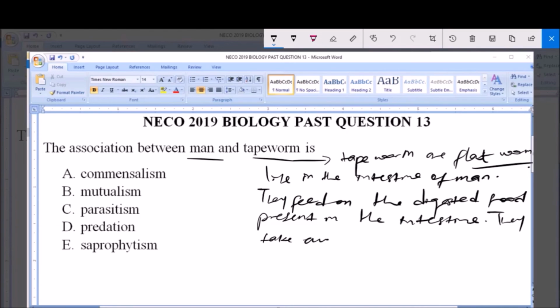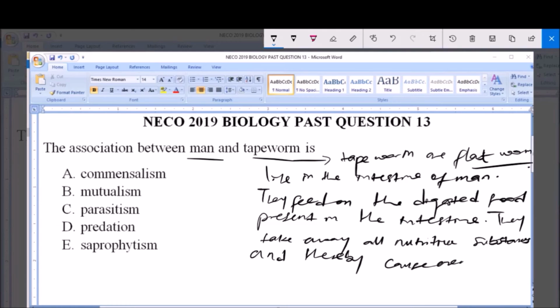They take away all nutritive substances and thereby cause anemia in man.